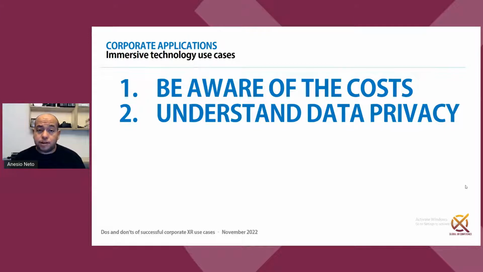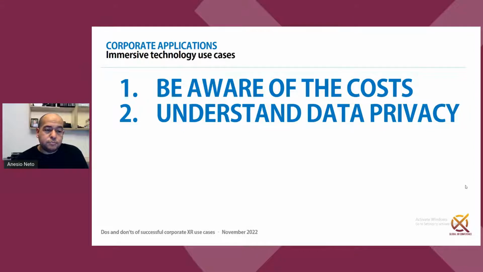Understand about data privacy. Some companies have problems with the headsets of virtual reality, and some of them with augmented reality as well, because there is not a clear path of where the information is coming from and where it is going.